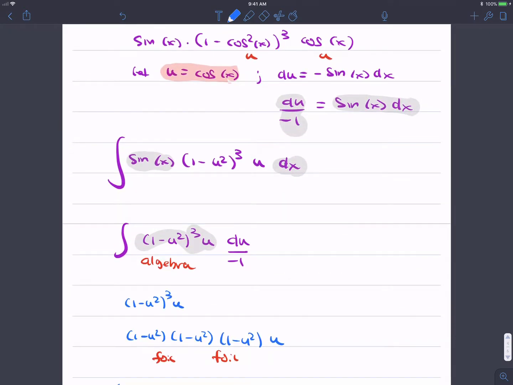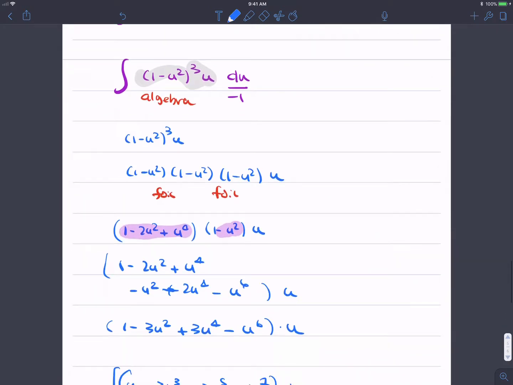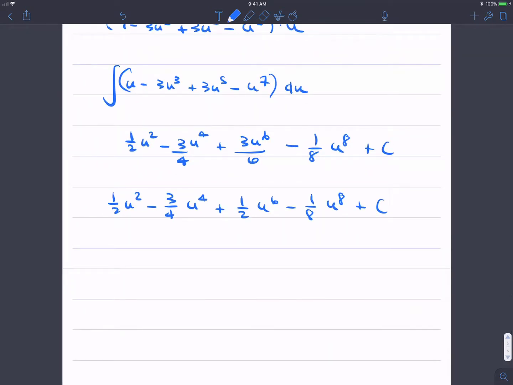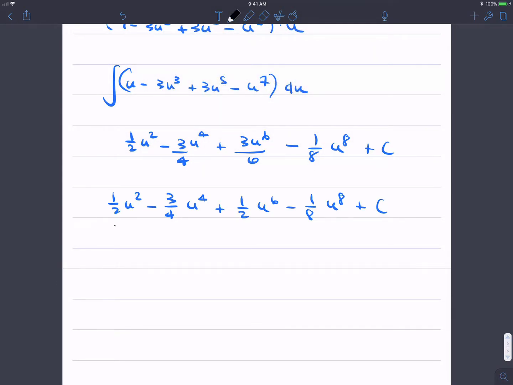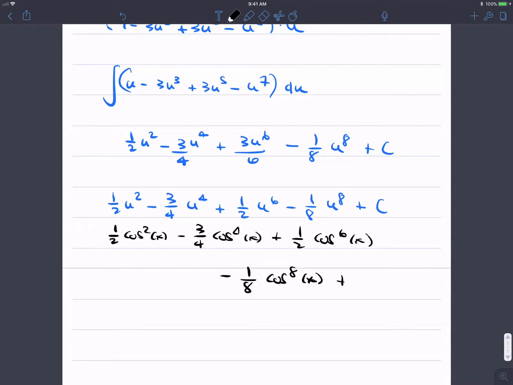Now don't forget what u is. U is actually cosine over here. So if u is cosine, we can now replace this answer with 1/2 cosine squared minus 3/4 cosine to the fourth plus 1/2 cosine of the sixth minus 1/8 cosine to the eighth power plus my constant c.